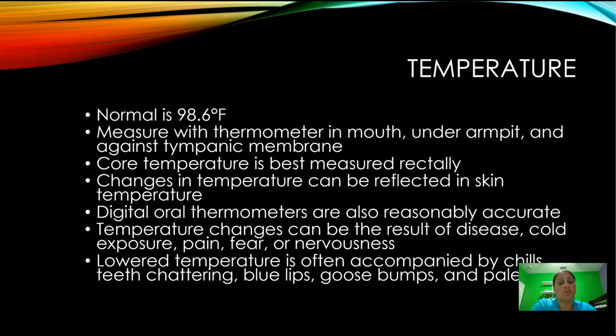So digital oral thermometers are usually reasonably accurate. The reason nowadays that people are using the infrared, which are not really that accurate but give us a better indication, is because it's touchless, because of this virus. So the CDC standard is if you have a temperature over 100.4, you get sent home and you can't go to school or a job or whatever the case may be.